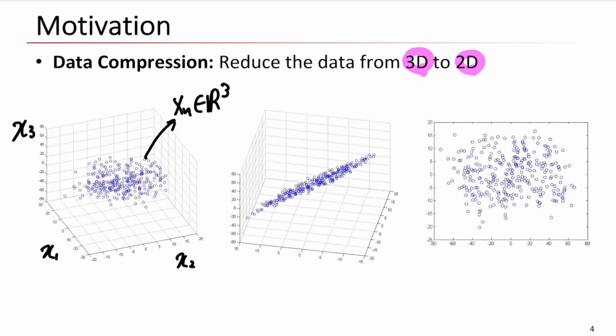But when we rotate this one, something like that, in this case x1, x2, x3, we can see there is some kind of lower dimensional structure in the 3D data. I mean, we don't need this higher dimensional space to preserve the relationship of each sample.